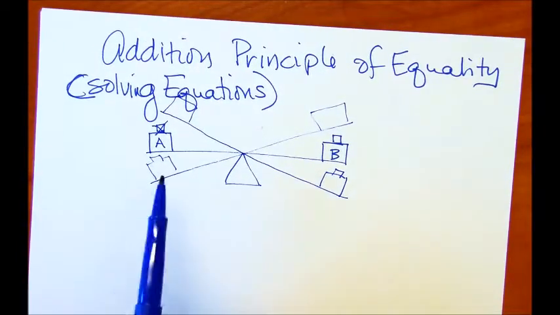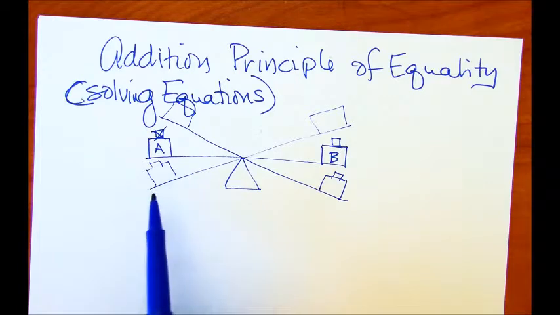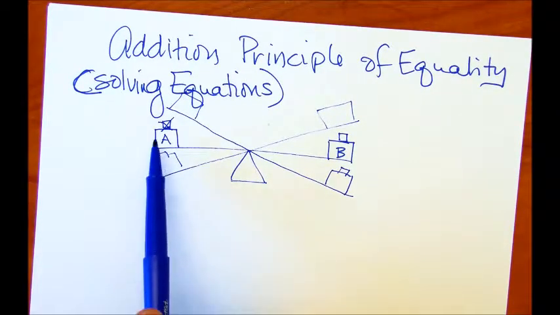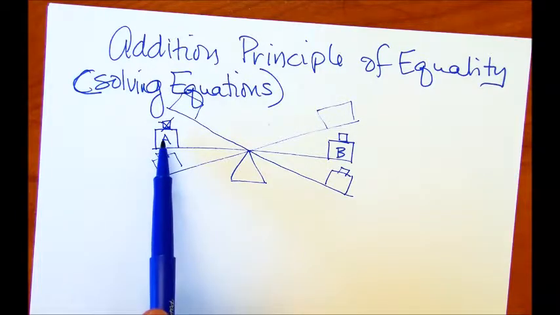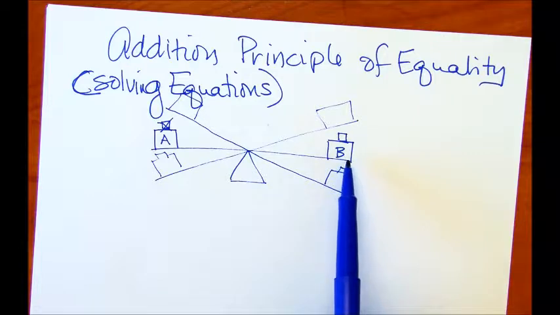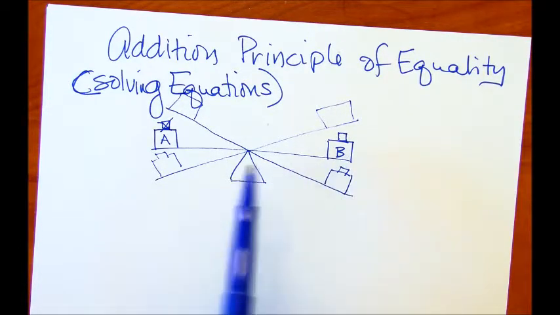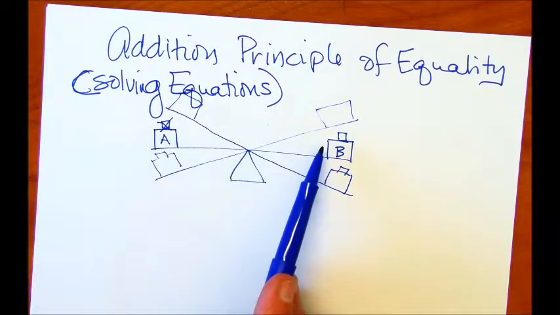What I'm trying to explain through the illustration is that if I add something, or take away something from one side, I want to do the same thing to the other side of the equal sign, so that the equation is going to be equivalent.